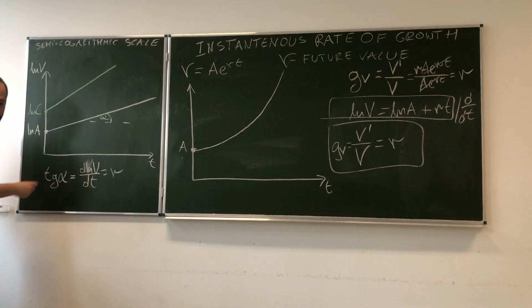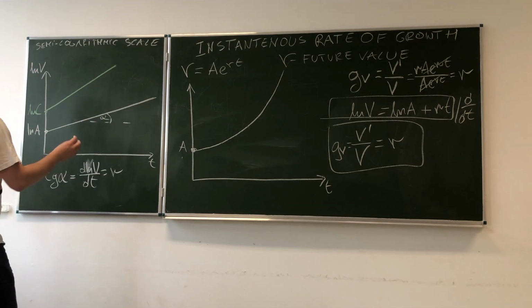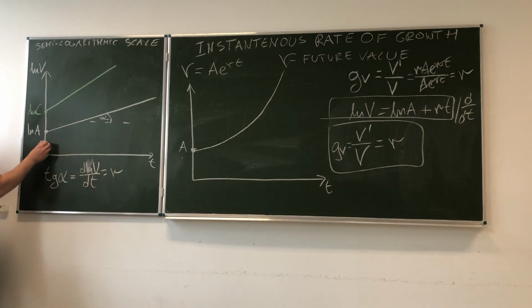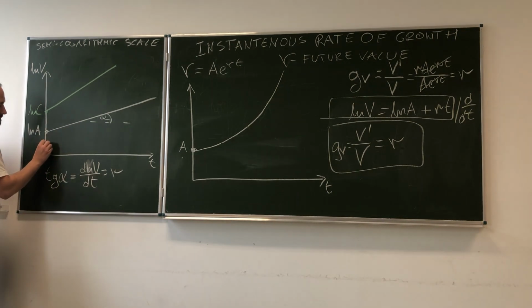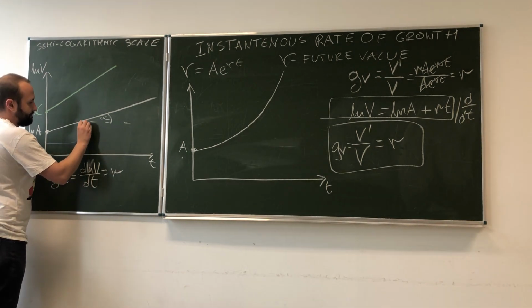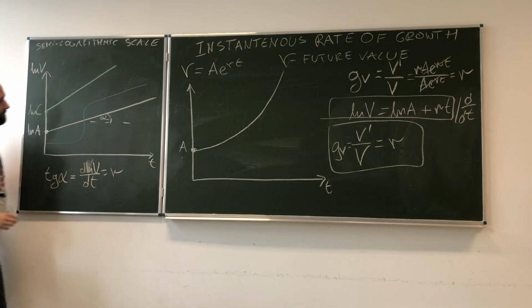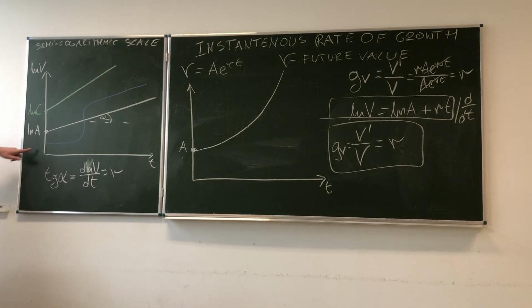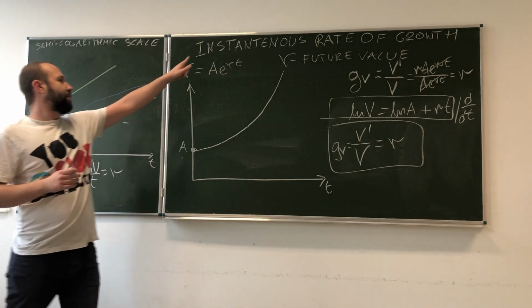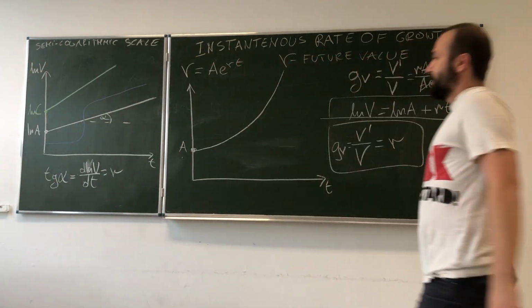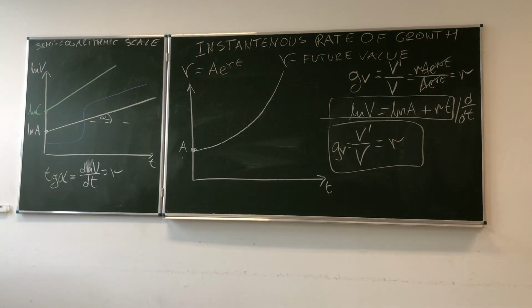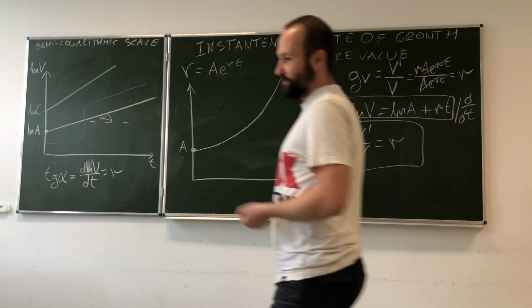And of course, we could have a function that looks like this. What we would see here is a variable growth rate. At the beginning, the function grows really slowly, then it starts to grow really rapidly, and then the growth stabilizes.